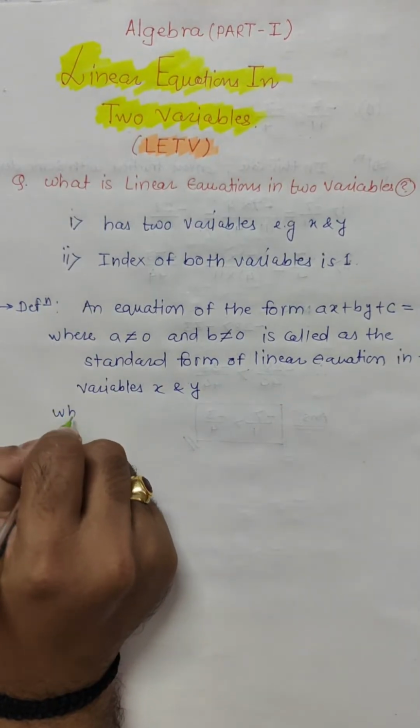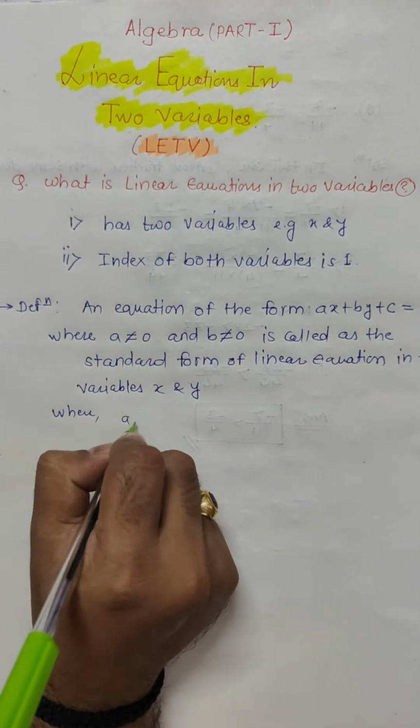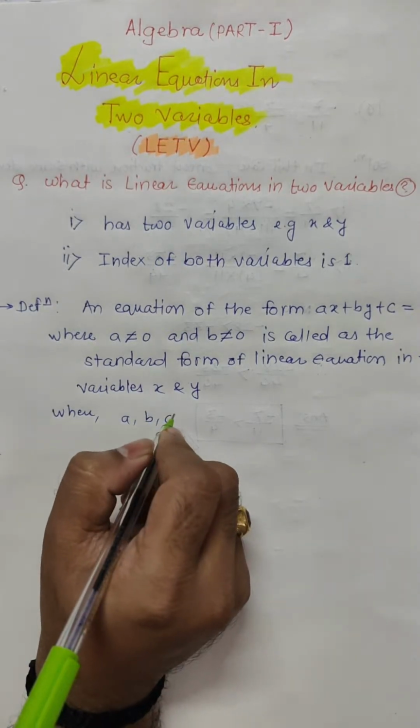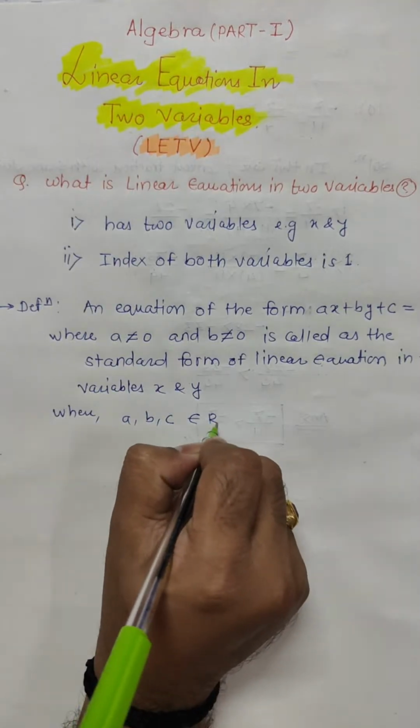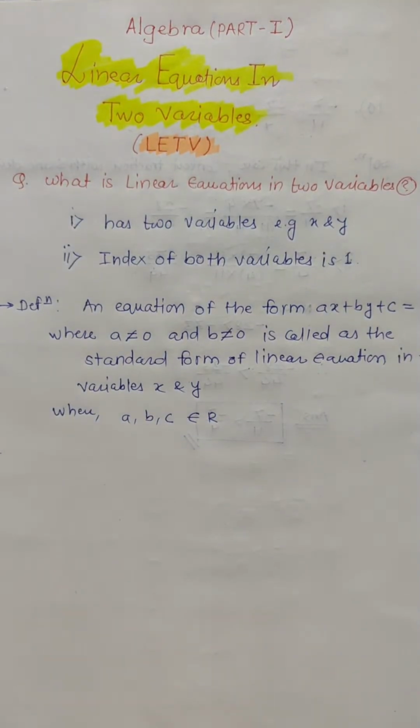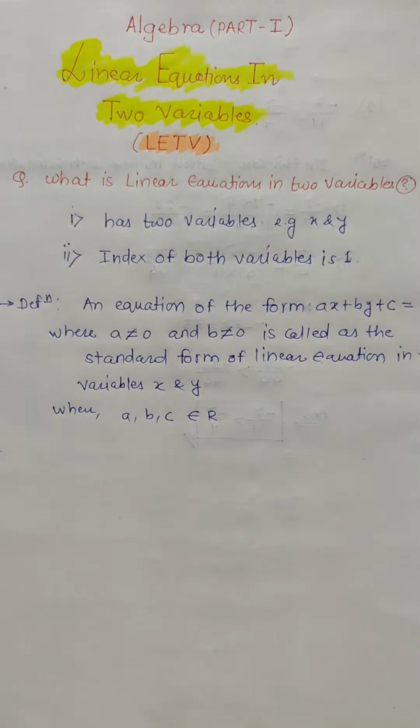Where a, b, c belong to R. It means that a, b, c are the coefficients which belong to the real numbers, and c may or may not be 0.